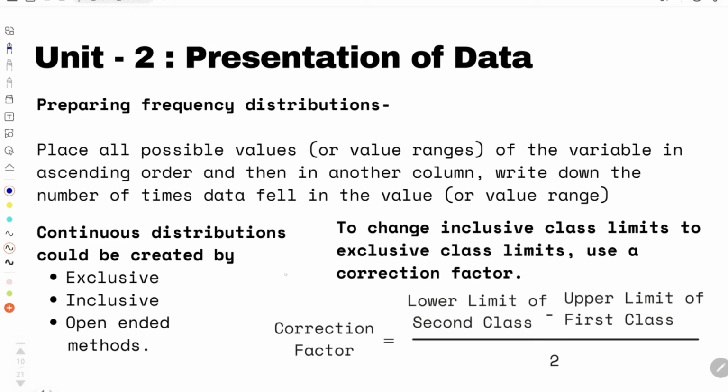Like for example, you have two classes, 0 to 10 and from 11 to 20. Then what we do is we take 11 minus 10, that is the lower limit of the second class minus the upper limit of the first class, and we divide it by 2. So you will get 0.5, right? We'll add 0.5 to the upper limit of the first class, and then we'll subtract 0.5 from the lower limit of the second class.